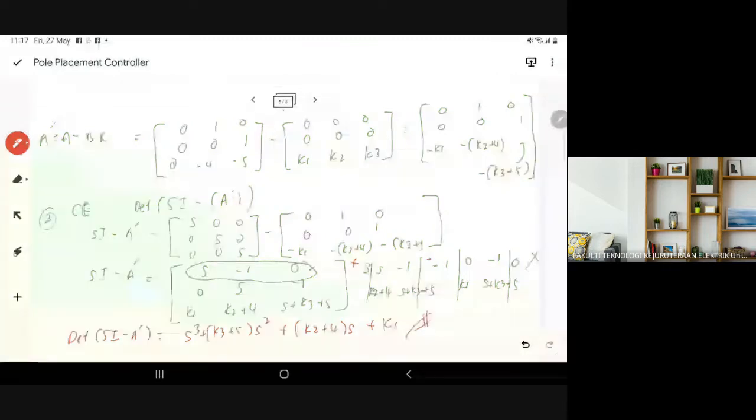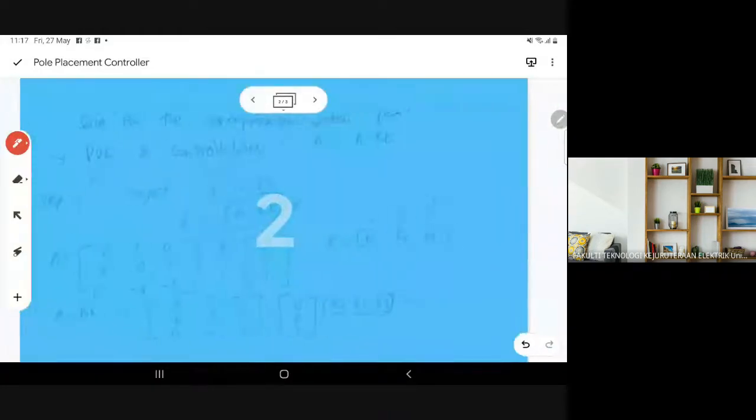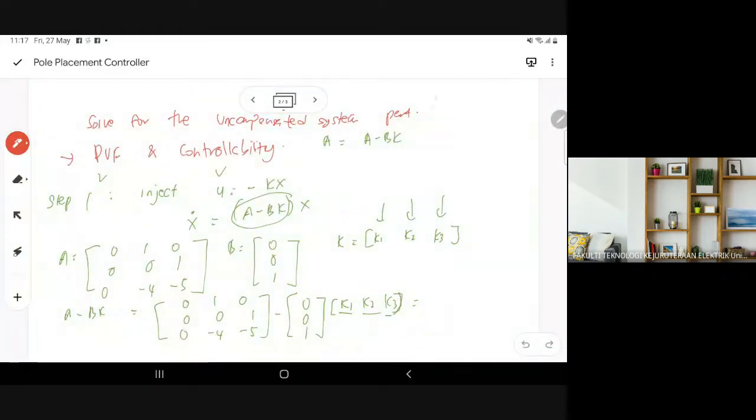So this is the second step. Okay, so now we are done with the uncompensated part.